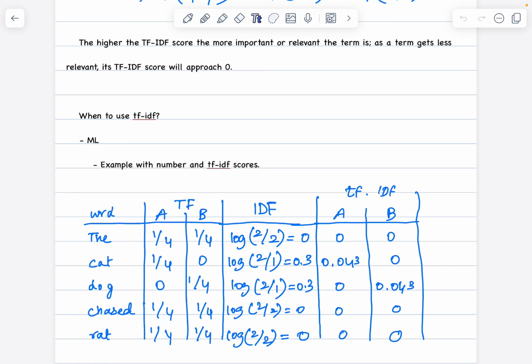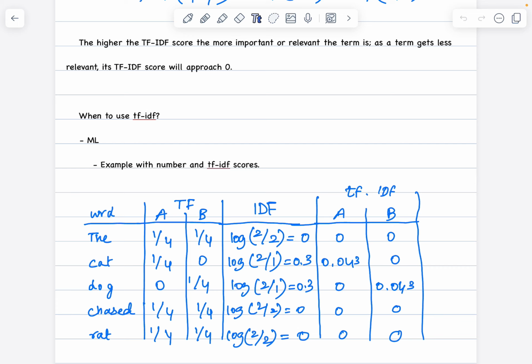Similarly in the second case, the dog chased rat, we get 1 by 4 for the word the. For the word cat, it appears once in case A, and in case B it is not appearing, so it is 0.